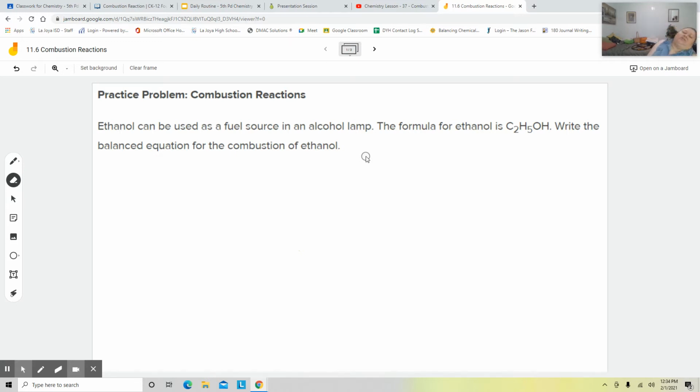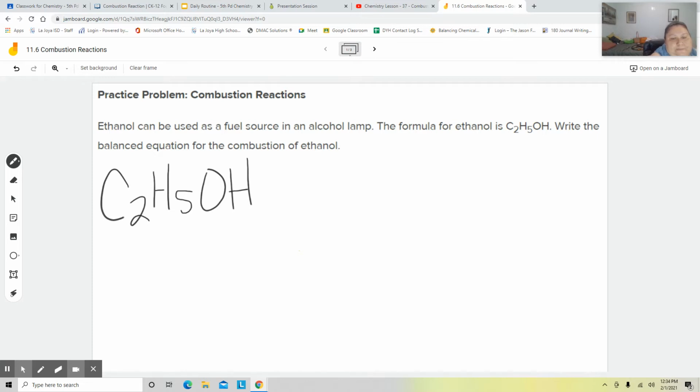So we know the first half of the reaction just by them giving me ethanol's formula. We know that ethanol, C2H5OH, plus, again, what is in the air all around us? Oxygen.